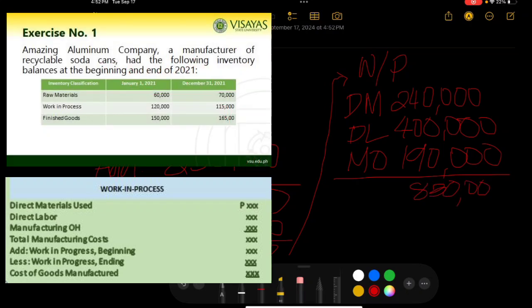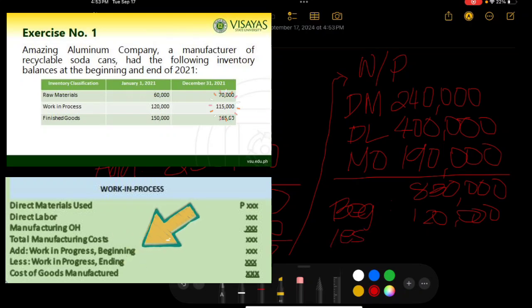So, sa manufacturing cost na to, you have to add the beginning work in process. So, beginning, which is 120,000. So, total to ng 835, no? Tapos, less mo yung 115 end. 830,000 plus 120,000 minus 115,000 is equal to 835,000.